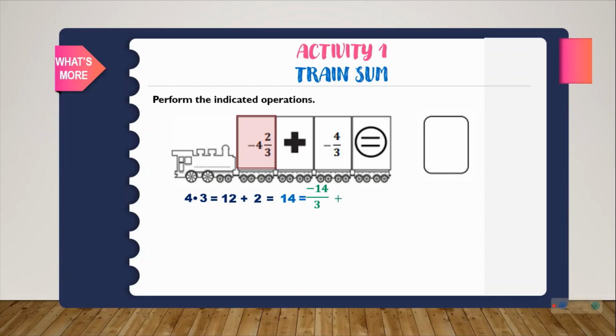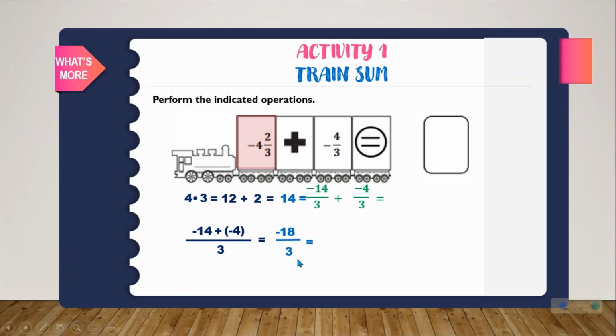So, negative 14 over 3 plus negative 4 over 3. So, first, we will add negative 14 and negative 4, then copy the denominator. Since magkapare sila ng sign, we will add 14 plus 4 is 18, then copy the sign, negative. So, the answer is negative 18. And then, copy the denominator.